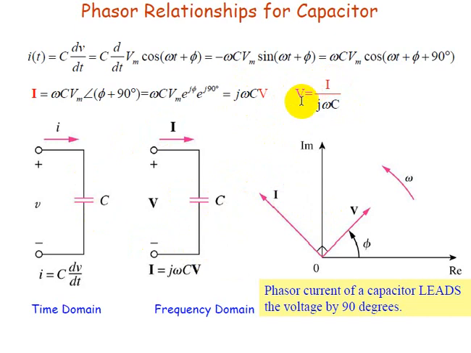That means the voltage-current ratio is 1 over j omega C, and therefore the impedance of a capacitor in an AC circuit is 1 over j omega C.